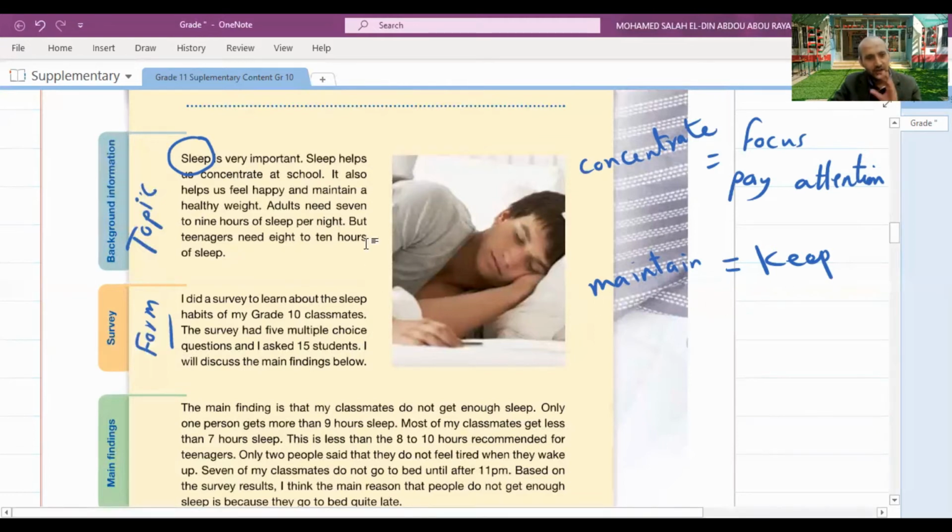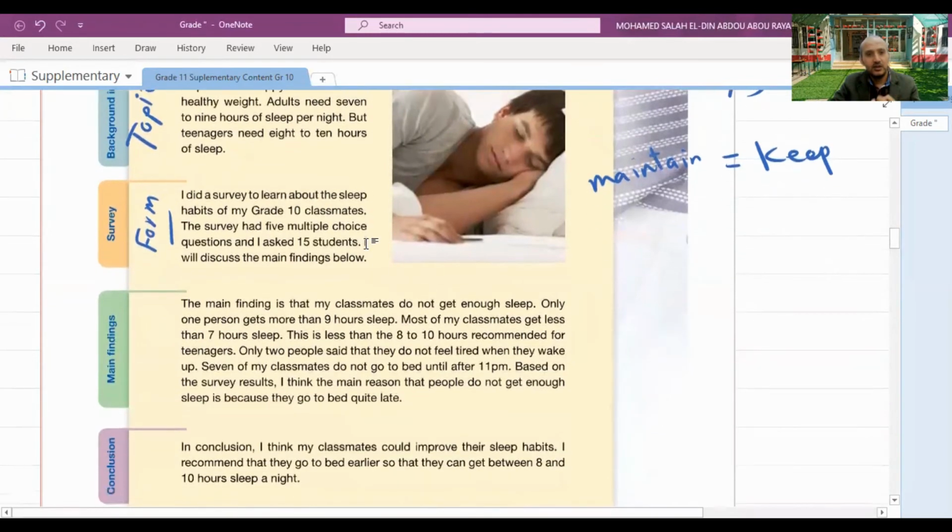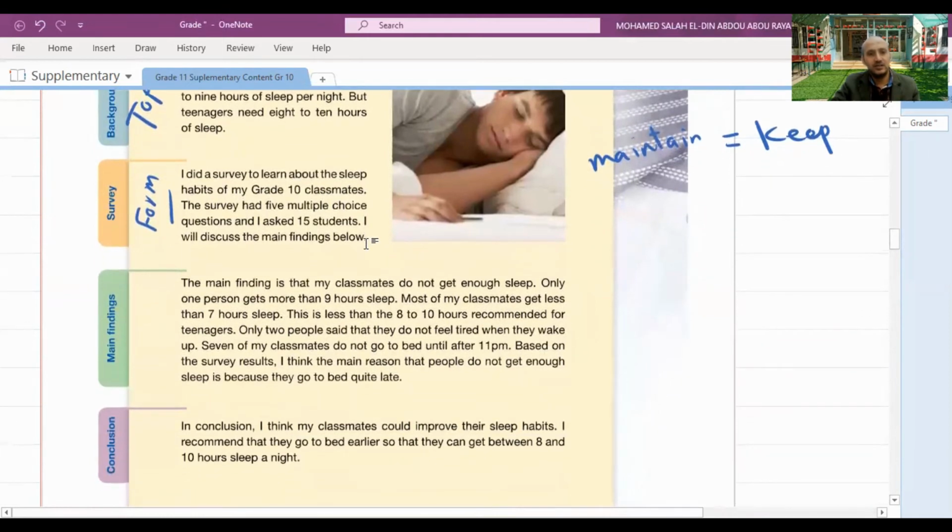After Khalifa has already finished writing the first paragraph, the background information, he told us that he will do a survey. He said, I already did a survey to learn about the sleep habits of my grade 10 classmates. What was the survey, Khalifa?